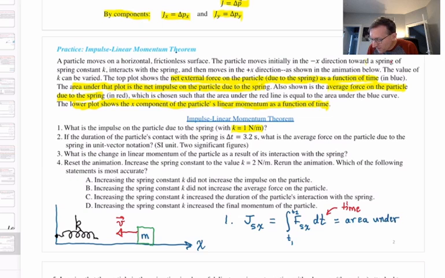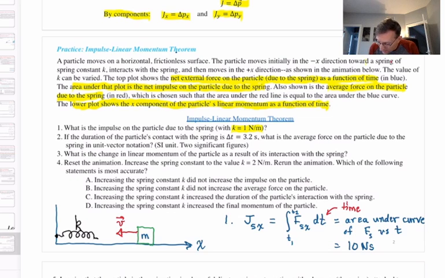In this case, the curve is spring force versus time, F spring versus t. And the animation, very conveniently, tells me what that area is. 10 Newton times second. So there I'm telling you the x impulse due to the spring on the block.